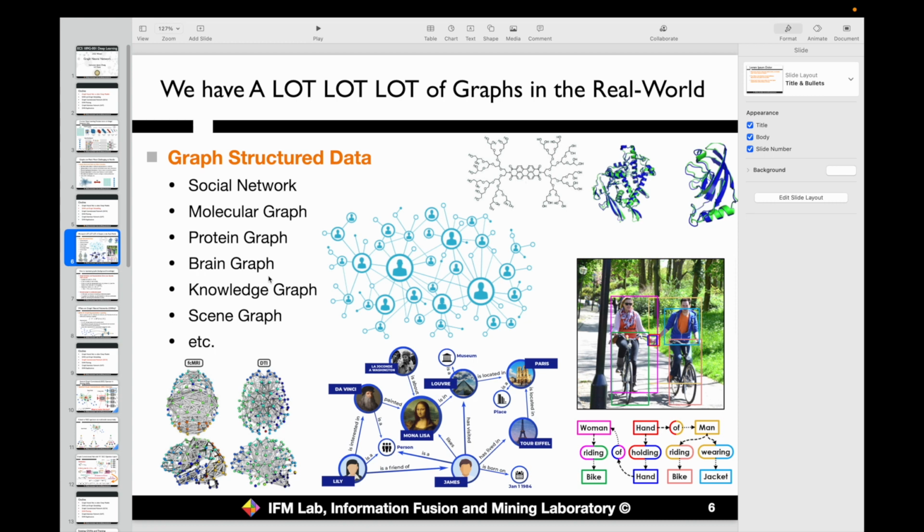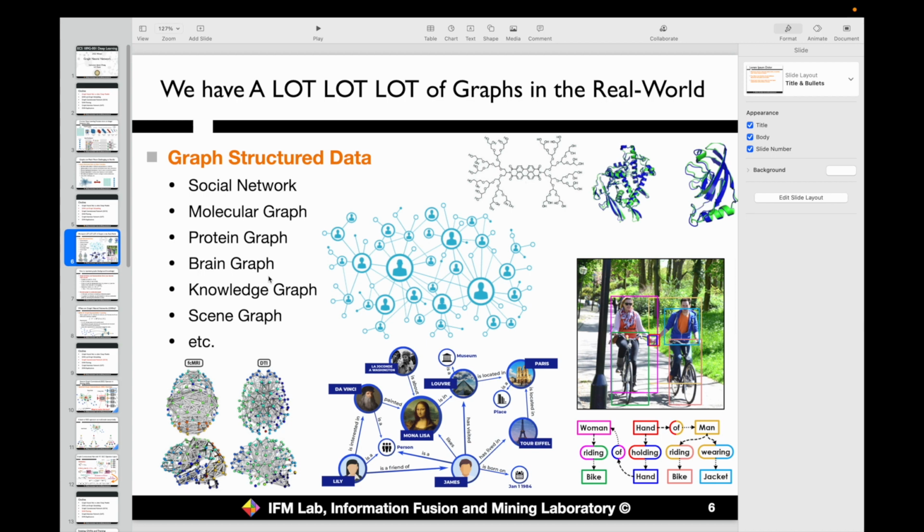If we treat each region as a node, and the connection or correlation among the activity of different regions as edges, then we can define this brain scanning data as a brain graph. This brain graph can illustrate the activities of different regions inside our head and also some functional correlation among them. It provides a very powerful tool to study neuroscience problems with graph neural network models and graph learning techniques.